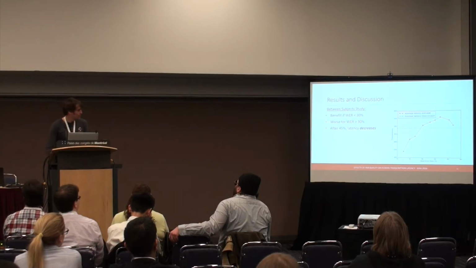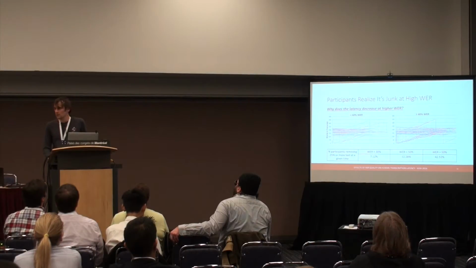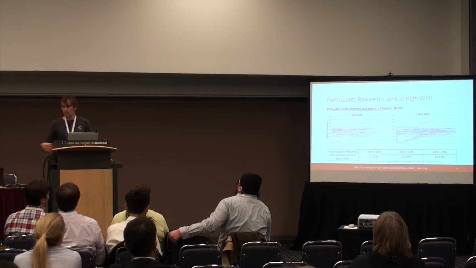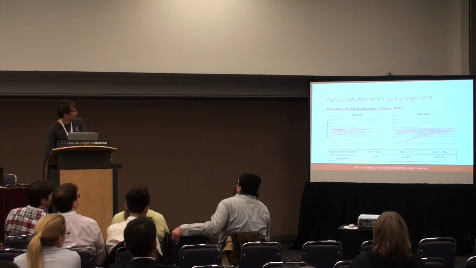Essentially, once it got bad enough, they very quickly realized that it was junk, and they just erased it all. And then they started typing from scratch. There's a little bit of time it took them to realize this is junk and erase it, but once they did, they were back at essentially the from-scratch performance. There are these kind of messy looking graphs of the length of the transcript over time.